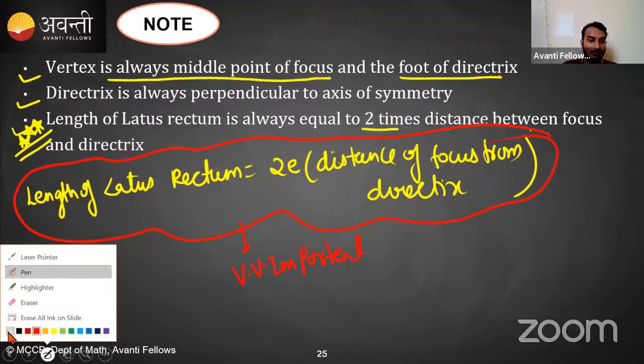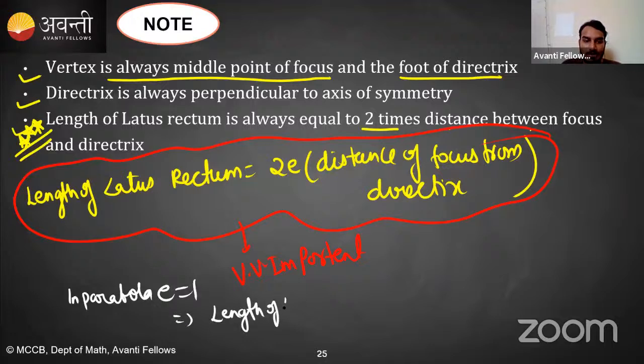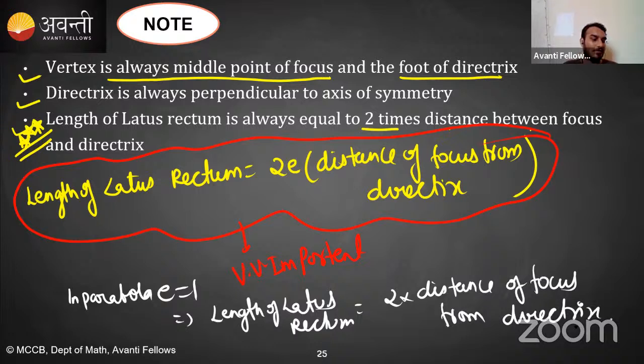Okay, but in parabola, e equal to 1 implies the length of latus rectum is 2 into the distance of focus from directrix. Is this clear everyone? Tell me quickly in the chat box. Clear? Yes, very good Shubham, very good everyone.